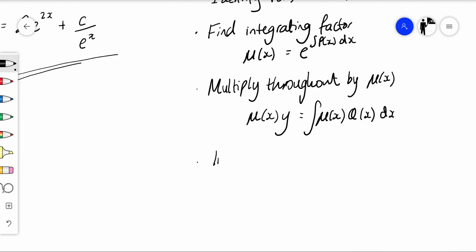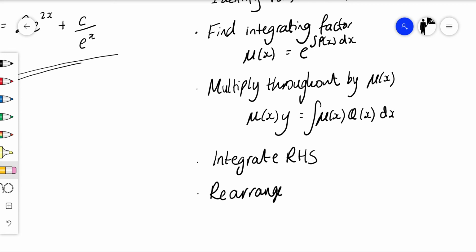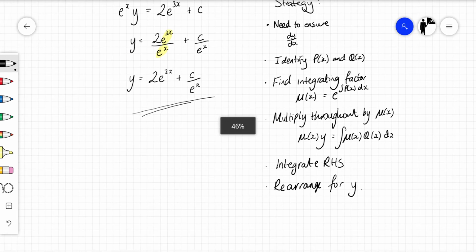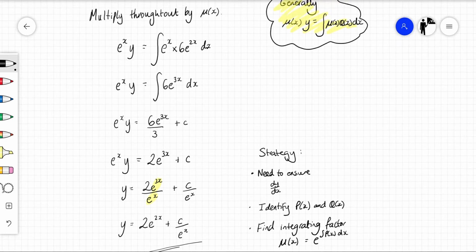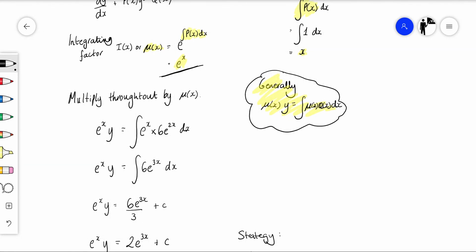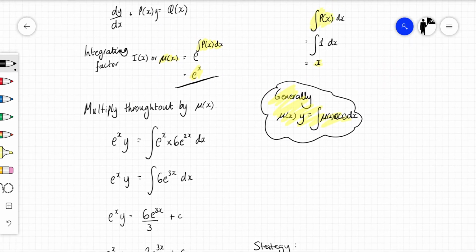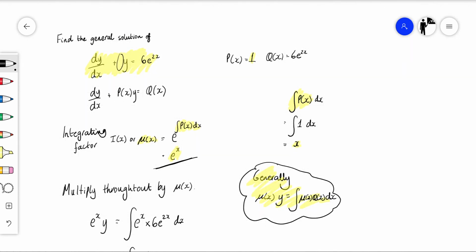From there, we would integrate the right hand side, then rearrange for y. Generally, that's your kind of bullet points through each of these problems. I'll have a look at quite a few, but generally once you get going with them, apart from some integration problems, it should be not too bad. Okay, thanks very much.